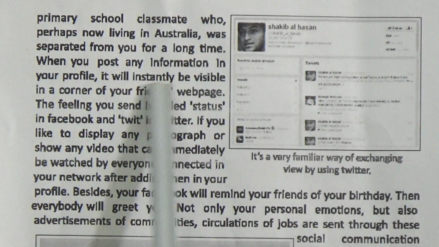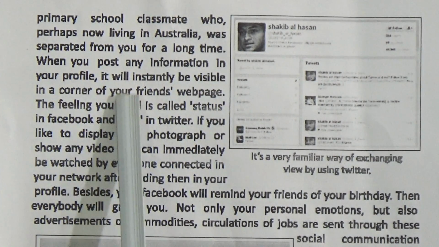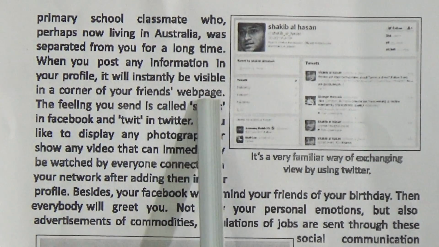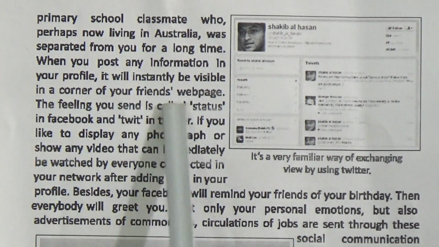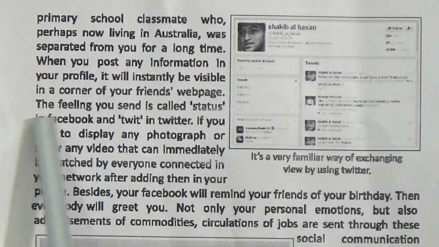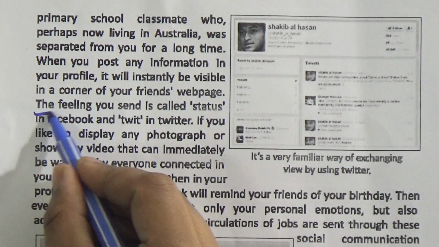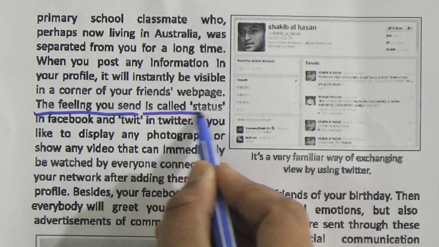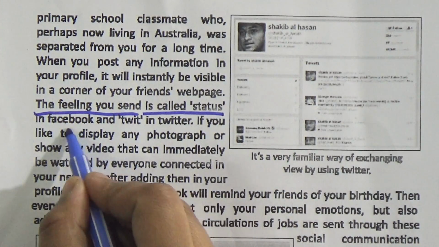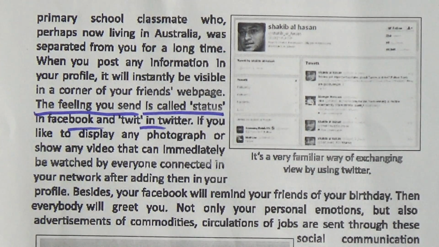When you post any information in your profile, it will instantly be visible in a corner of your friends' web pages. The feeling you send is called a status on Facebook or Twitter.